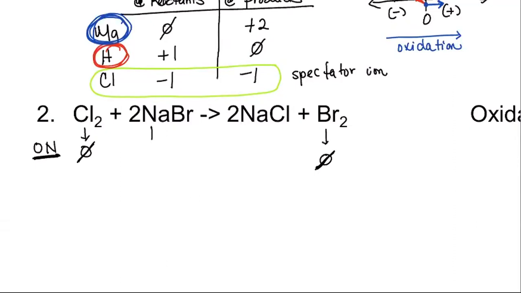So what is the oxidation number of sodium? Let's put it in the chat. Oxidation number of sodium. Excellent, +1. So again, the charge is their oxidation number. So what would be the oxidation number of bromine?